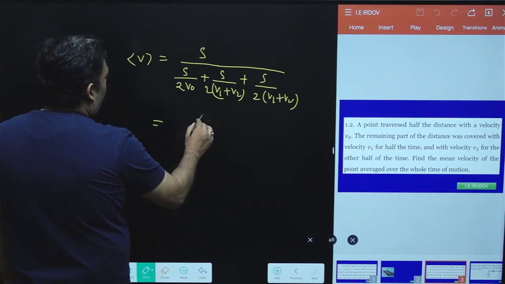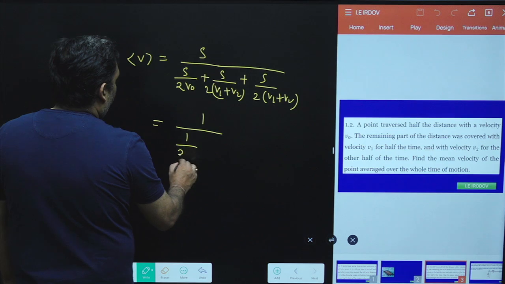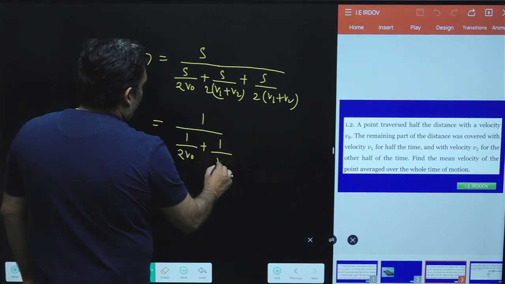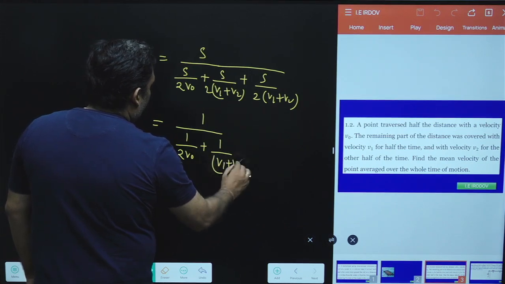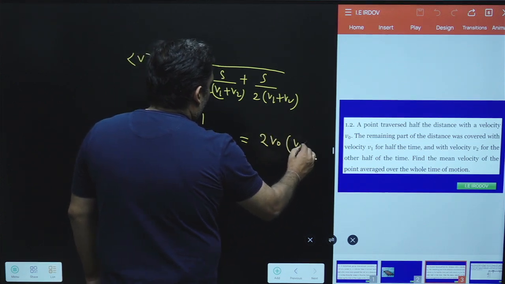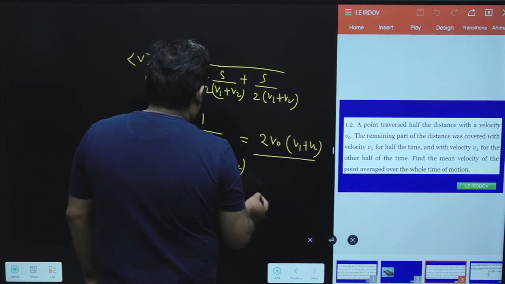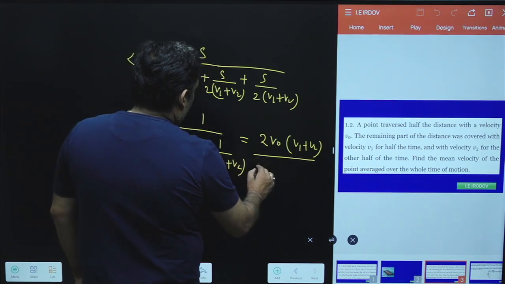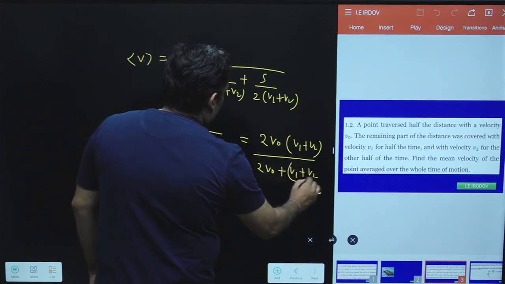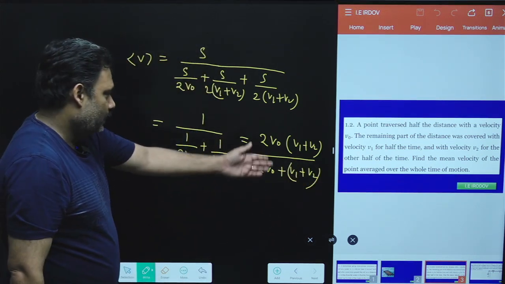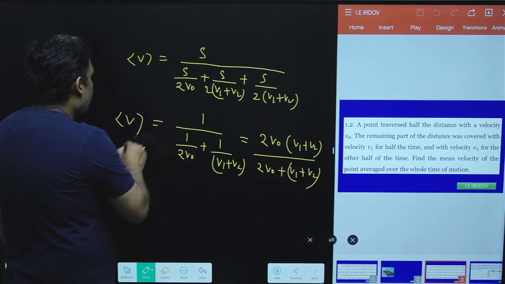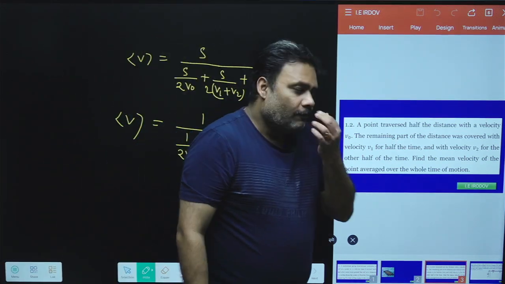Now this value is equal to 1 upon 2V0 plus 1 upon V1 plus V2, and that value is equal to 2V0 into V1 plus V2 by V1 plus V2 plus 2V0. So this is our average velocity, and you can see this is nothing but the dimension of velocity.